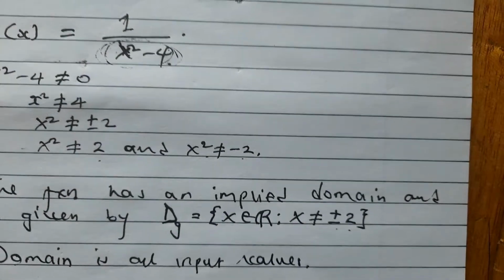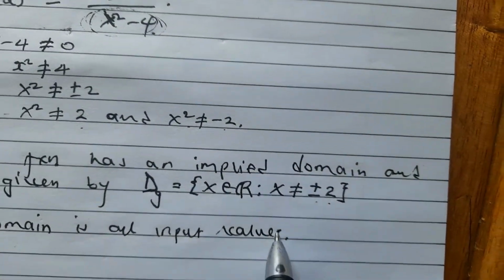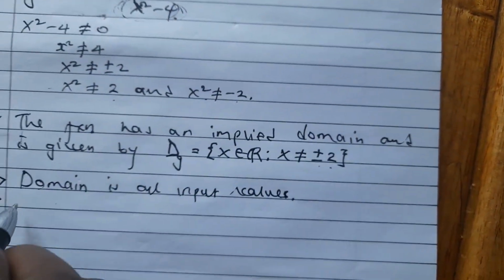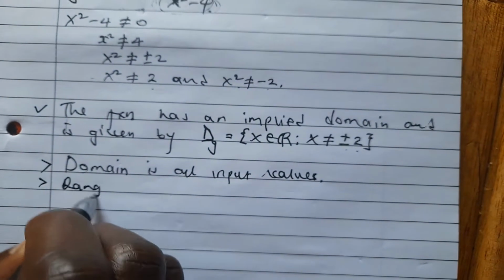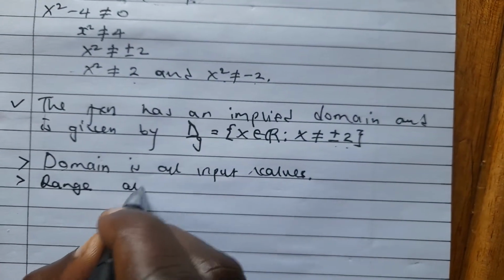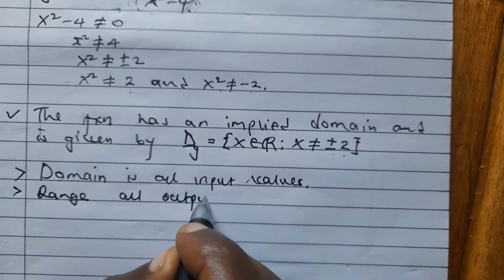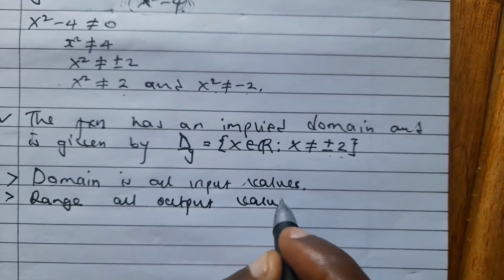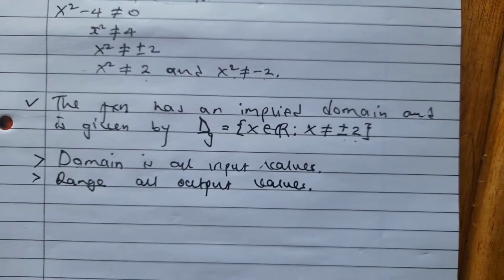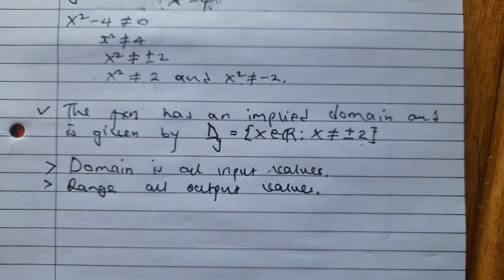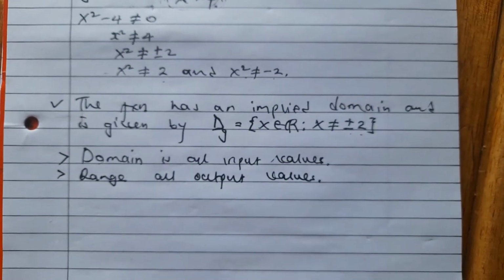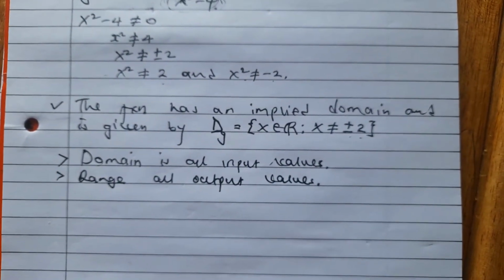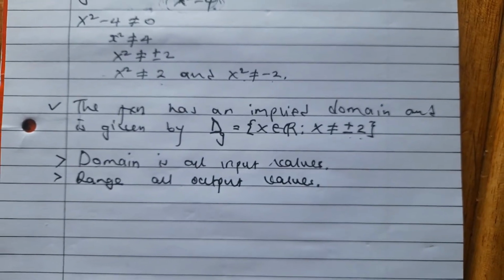The set of all input values is what is called the domain. And the range is the set of all output values. Basically, that is how we can define domain and range in layman's terms. The domain is all input values and the range is all output values.